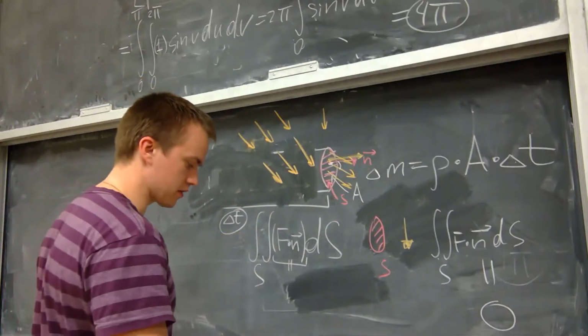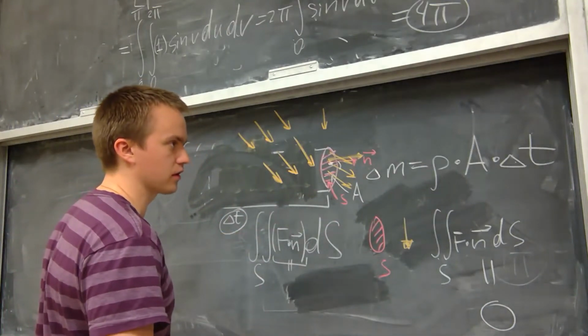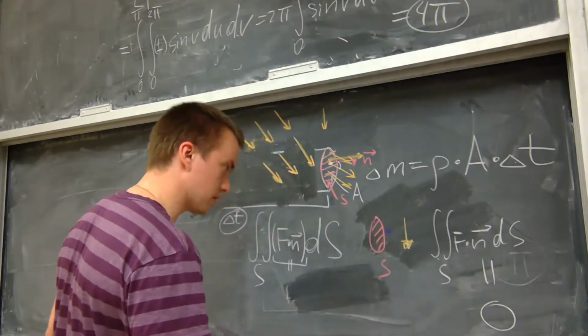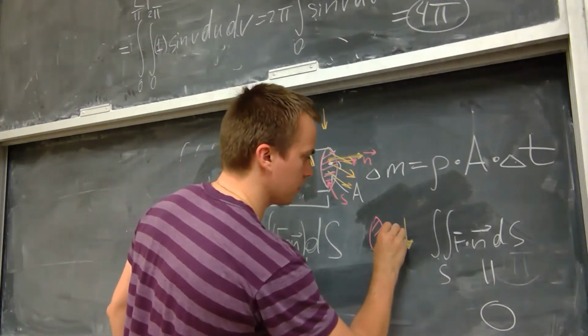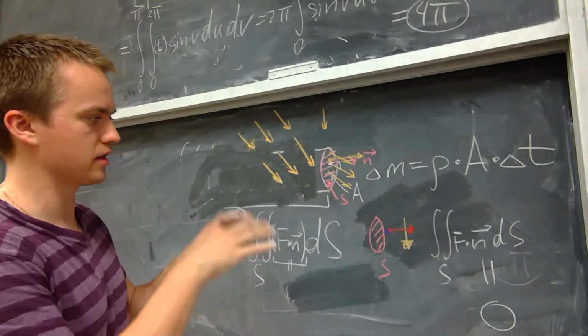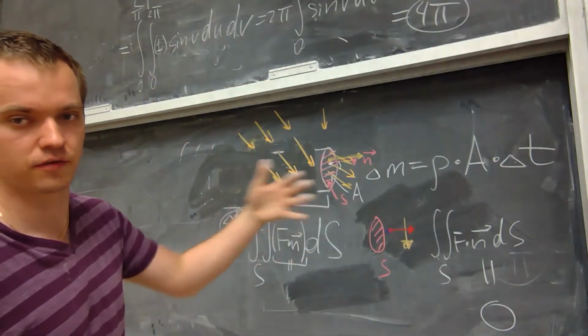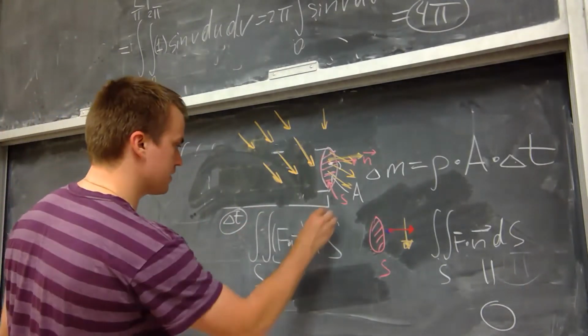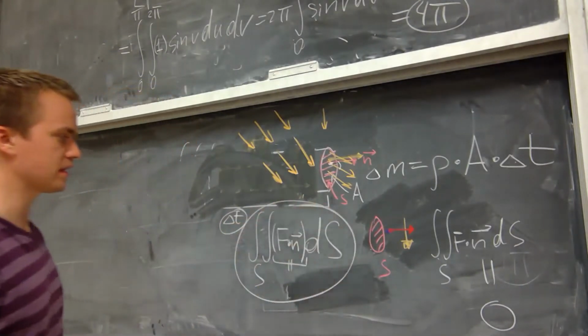But if my electric field is perpendicular to my section S, then I will get the maximum amount of field that goes through my S. So that's why this is called flux.